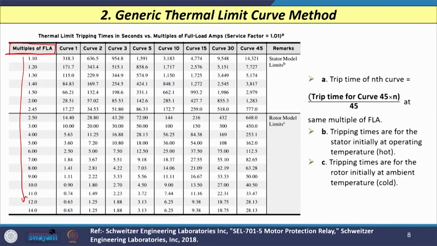After that, from the second column, the different curves are given, let us say curve number 1 to curve number 45, but I have shown only a few curves, say curve number 1, 2, 3, 5, 10, 15, 30 and 45, and for each curve the time is given, and this time is usually in seconds.